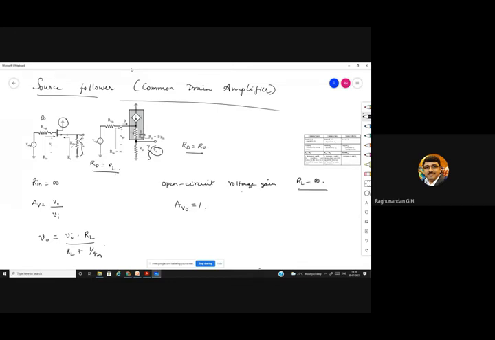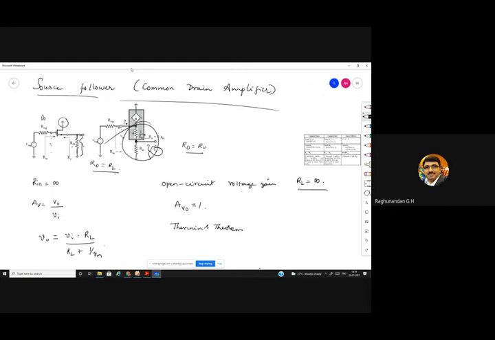Now, when you consider RL as infinity, and you apply Thevenin's theorem to this portion, you can see that they are parallel to each other.